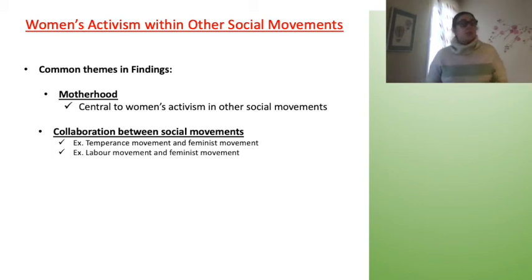That was a successful social movement. Women were really involved in that movement towards prohibition, and that was closely connected to the movement to get the right to vote for women.